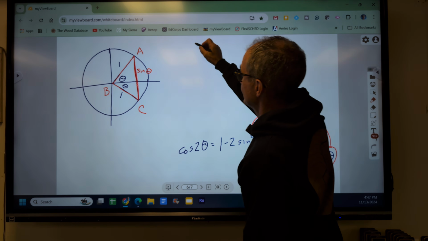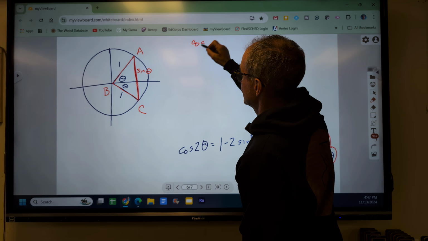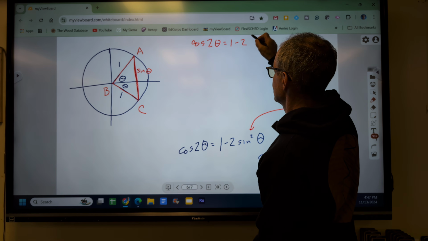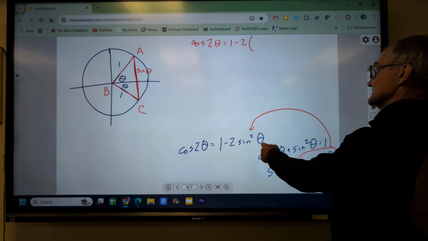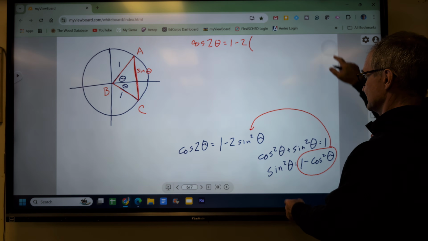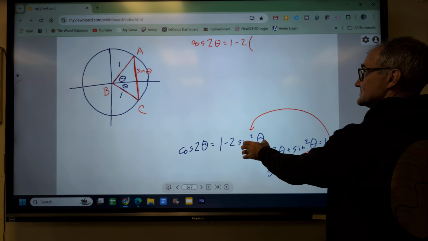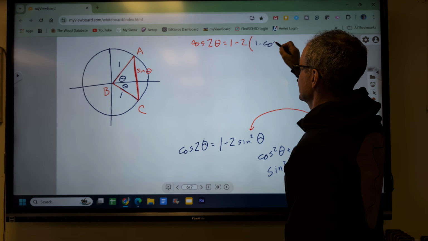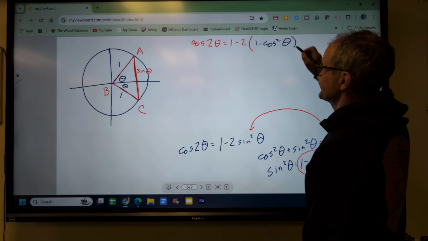So I have cosine of 2 theta is equal to 1 minus 2 sine squared of theta, but sine squared of theta is 1 minus cosine squared of theta. So I'm going to replace this sine squared right there with this, 1 minus cosine squared of theta.